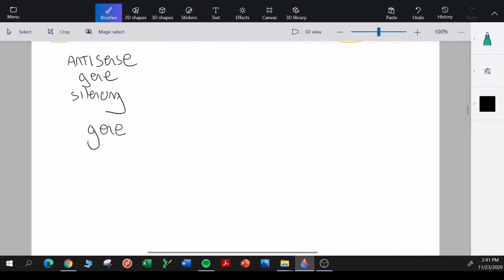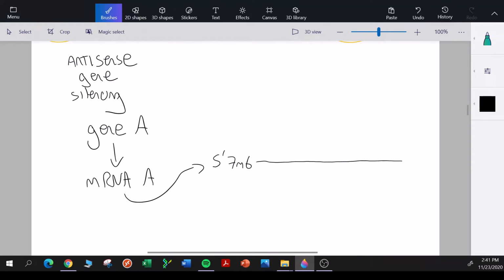If we have a gene, we'll call this gene A. Well, gene A is transcribed, let's say, into messenger RNA A. Now, messenger RNA A, we know by now, has a 5' cap, has the coding sequence there, and then ends with a poly A tail. And I'll put some bases in here. So let's say this is the messenger RNA of gene A.